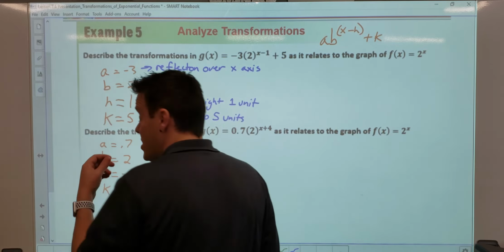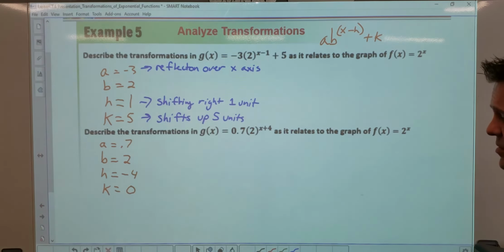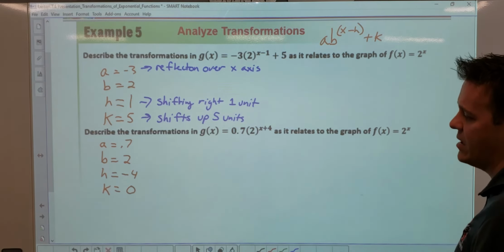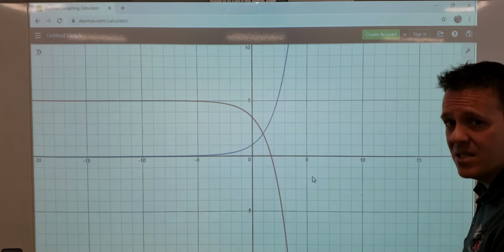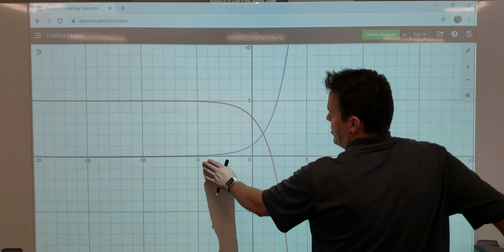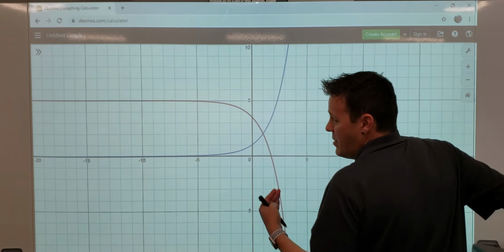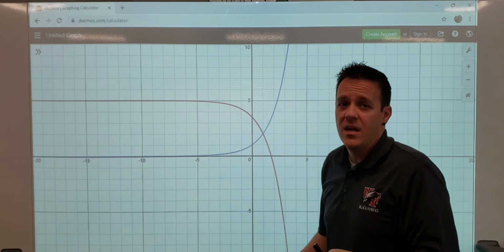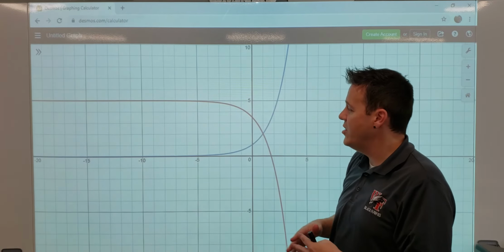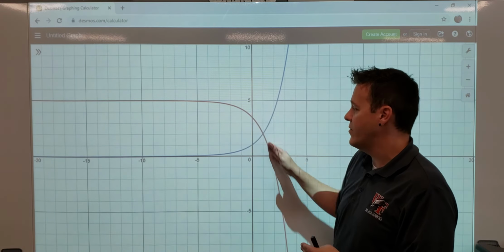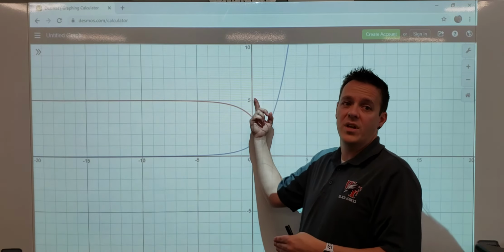One of the things that I made sure we were talking about today in class is that if some of you went into Desmos or a graphing calculator and entered it like this, you would know that this is the original and this is your secondary equation, but you may not be able to get the reflection aspect, that this is reflected over the x because of how high it is, and then you may not understand that not only is it a reflection, but that you moved it to the right 1 and then you moved it up 5.